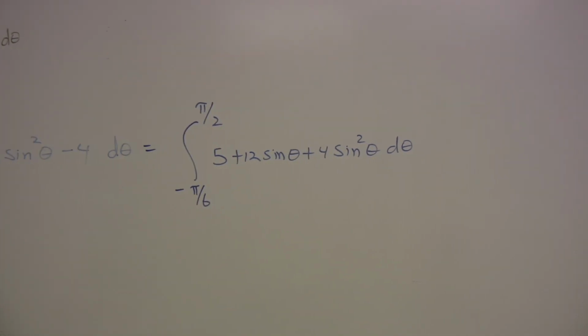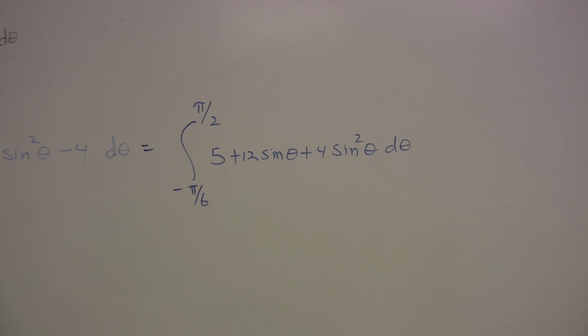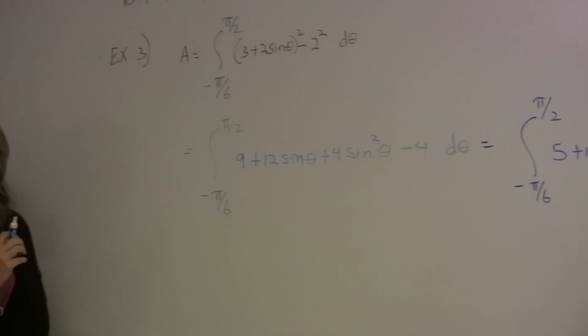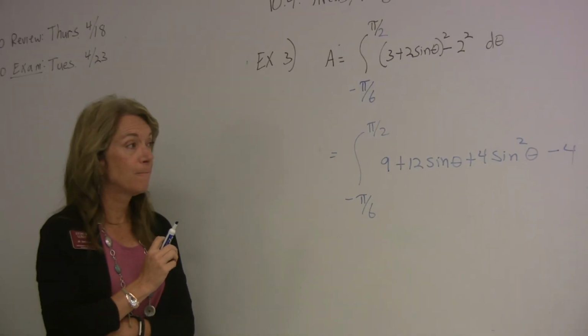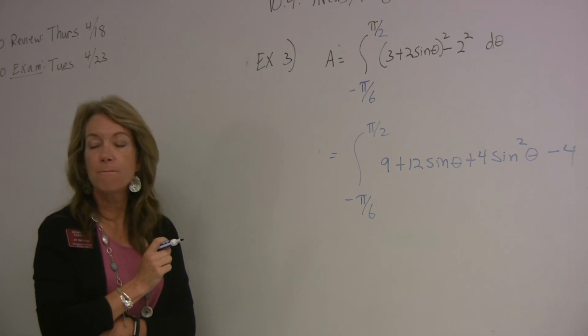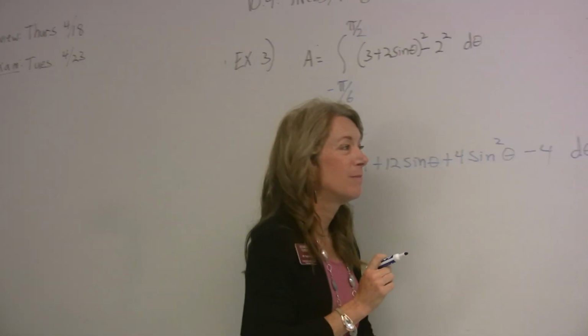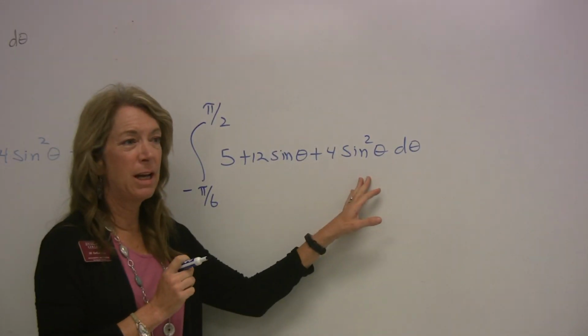So this is similar to what we did before. What do we need to do to this before we can keep going? I can't quite integrate it the way it looks. Gotta get rid of these 4 sine squared theta. We don't have a way to integrate sine squared.